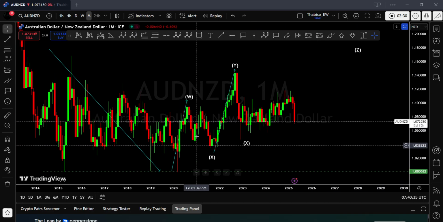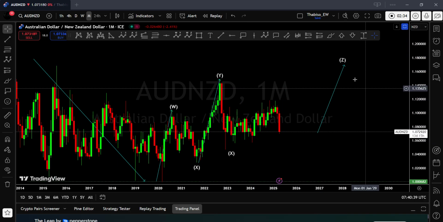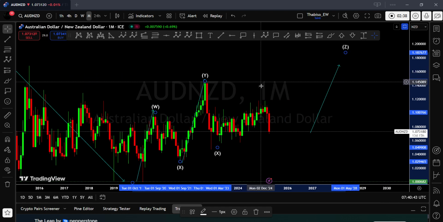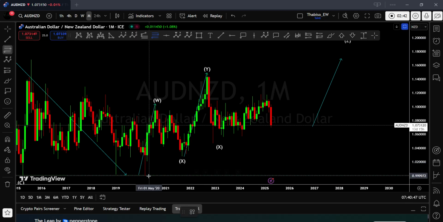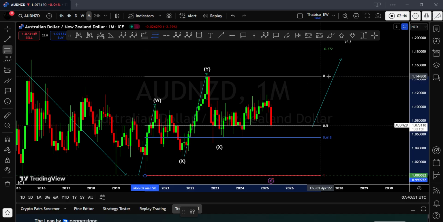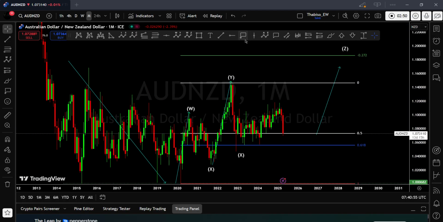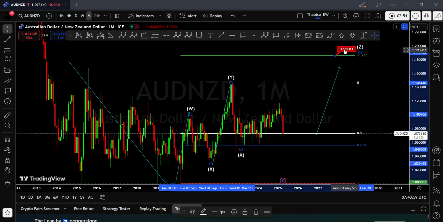What it simply means is we'll be expecting to see a Z being completed at minus 2.272. So how do we project that? We simply take our Fibonacci from the low to the end of Y, and this should be your Z.